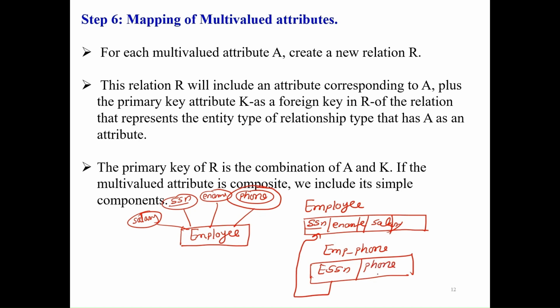Now, why is phone number the multi-valued attribute? For example, employee 101 has one phone number and the same employee has another phone number. It is possible. That's why together they become the primary key of this. So in this way, you have to handle multi-valued attributes.